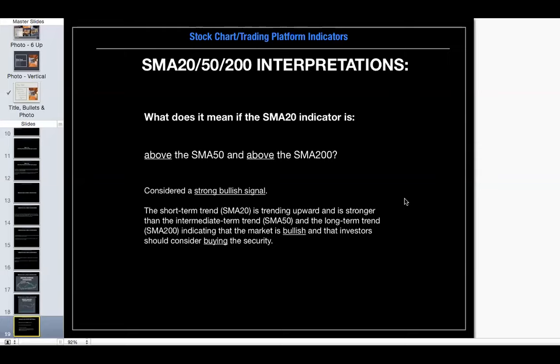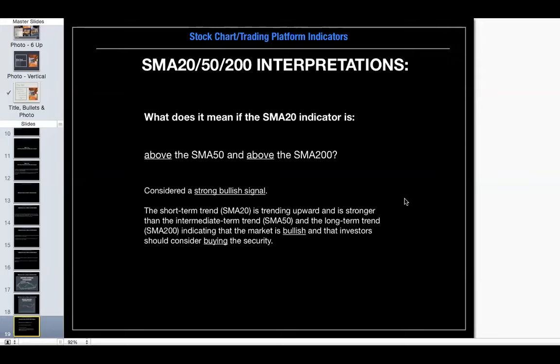So here's some scenarios for you, right? Because a lot of the times as traders, we have these signals on our charts and they're all giving mixed signals. And so they're like, what does it mean? I don't know how to trade this trend. So what does it mean if the SMA 20 indicator is above the 50 and it's above the 200? This is considered a strong bullish trend, right?